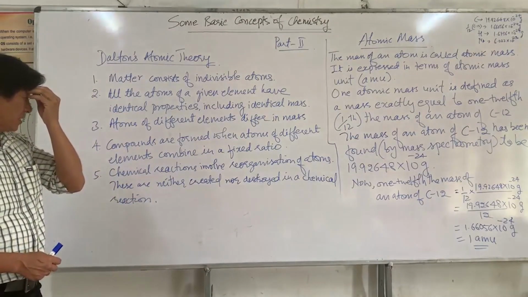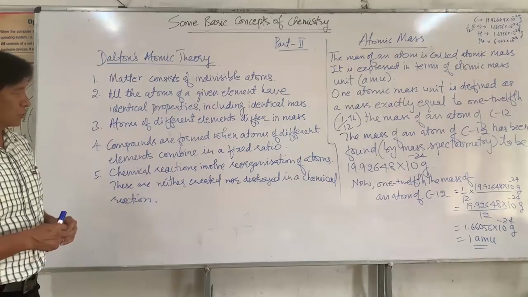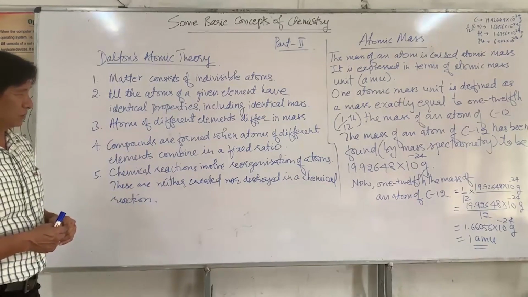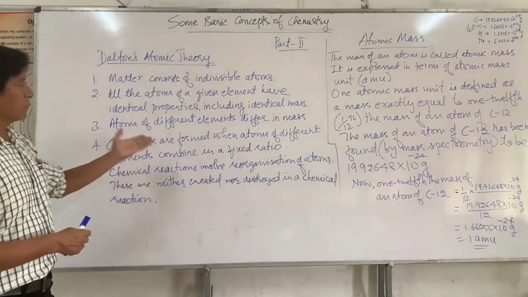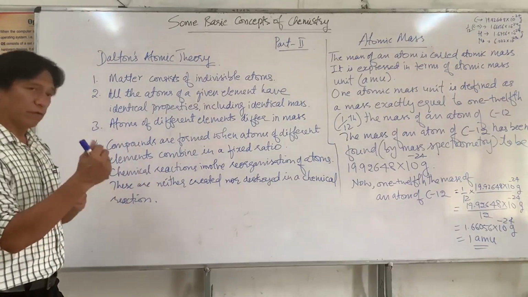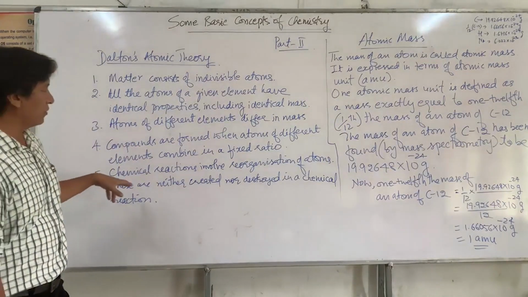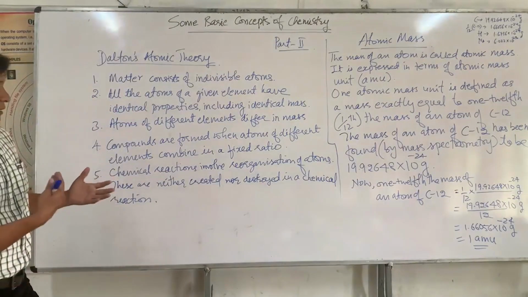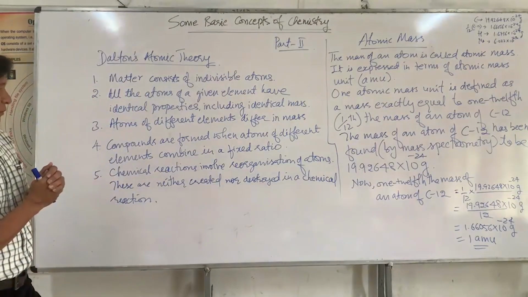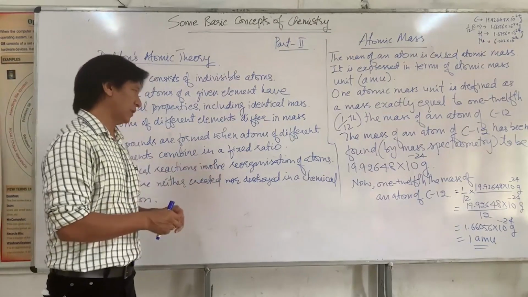Now, this is very much in accordance with the law of definite proportion. Compounds are formed when atoms of different elements combine in a fixed ratio. And then the last point here says chemical reactions involve reorganization of atoms. That is, whenever a chemical reaction takes place, reorganization of atoms takes place.